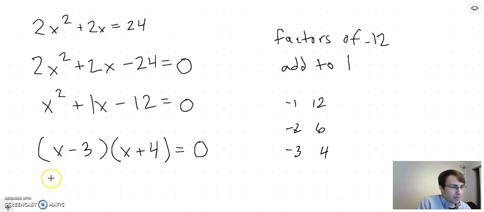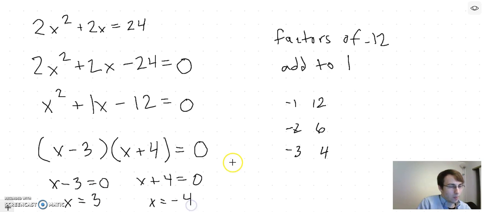Now we just have to solve it. x minus 3 equals 0, or x plus 4 equals 0, in which case x is equal to either 3 or x is equal to negative 4. That's the hardest part of factoring, just finding the factors that add to a certain number.